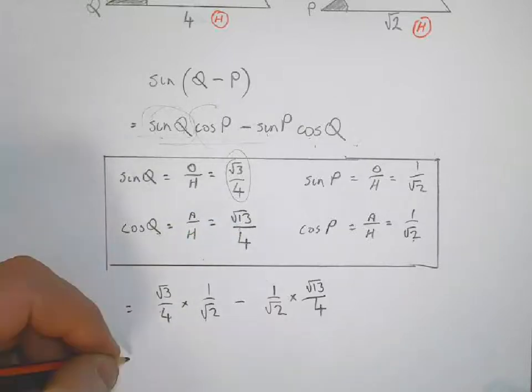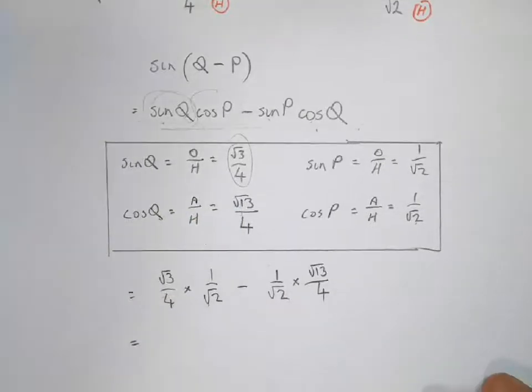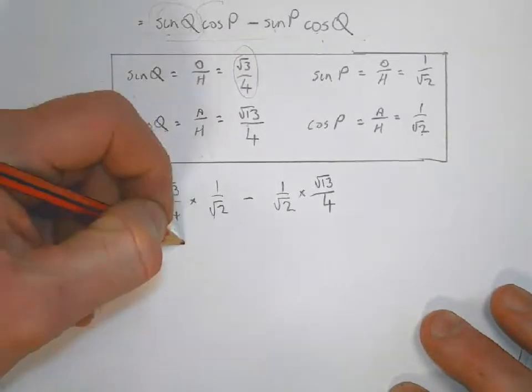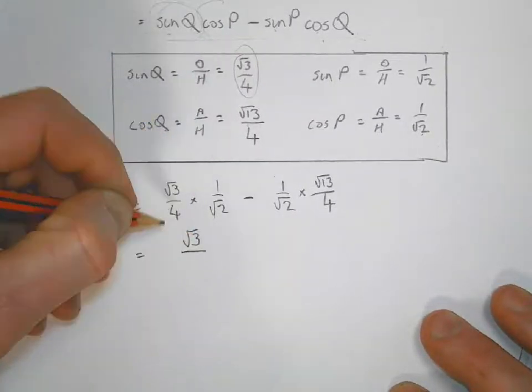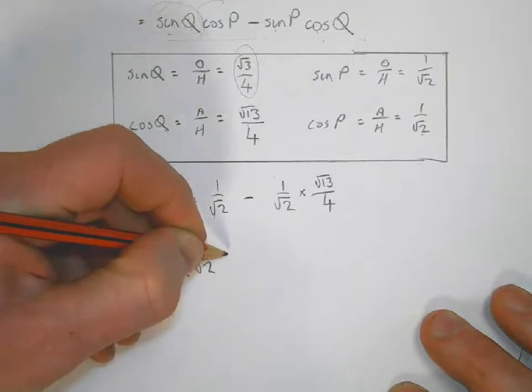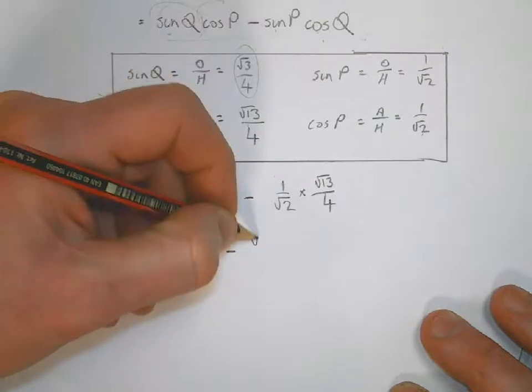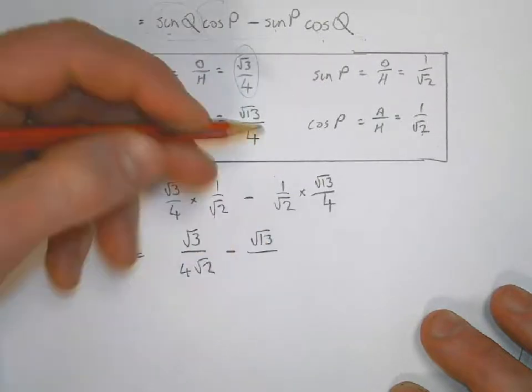Now I've just got to tidy this up a little bit. So root 3 times 1 is root 3 over that times that is 4 root 2. And then this one here is going to be 1 times root 13, so root 13 over, and again, that times that is 4 root 2.